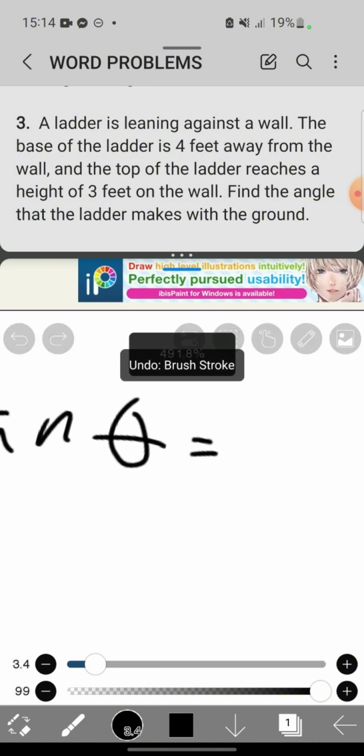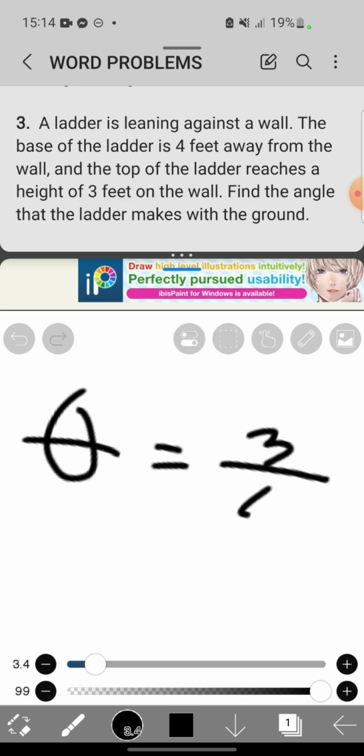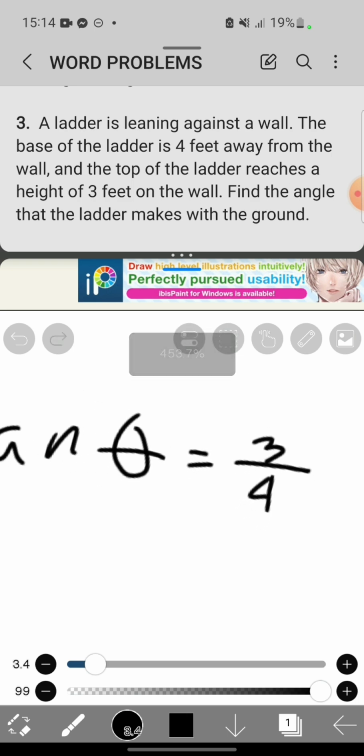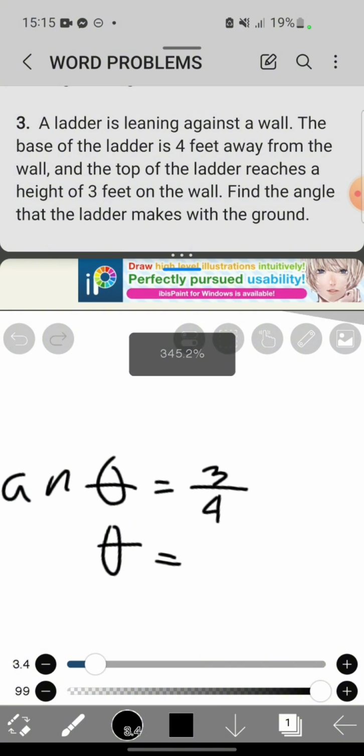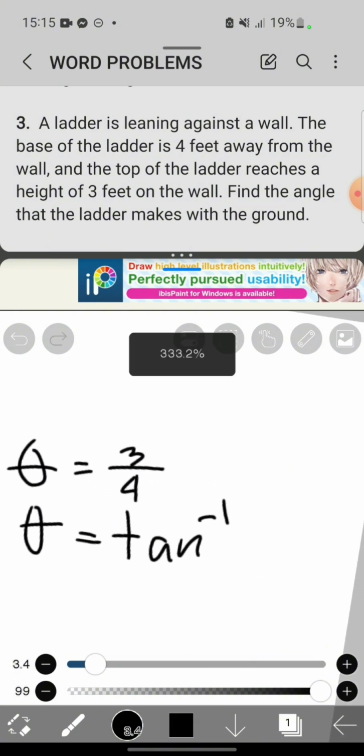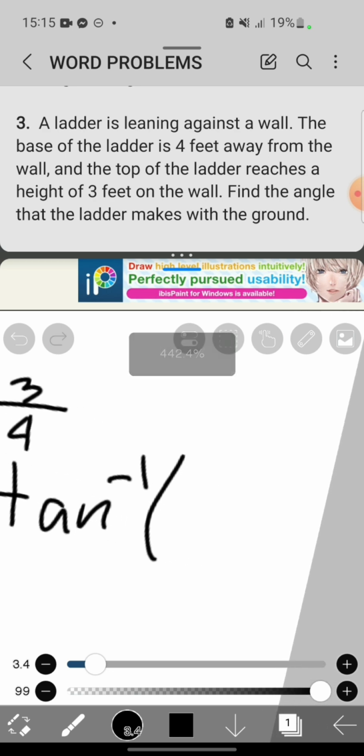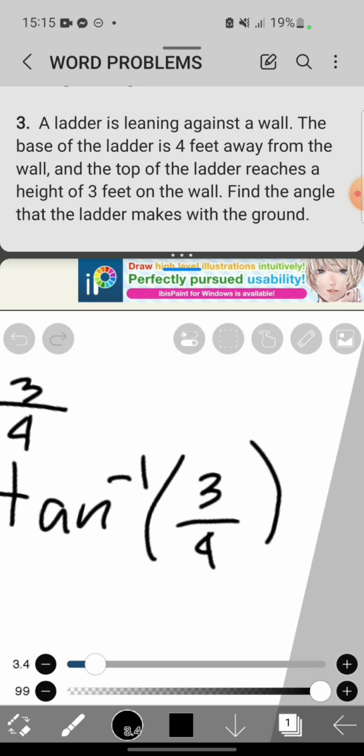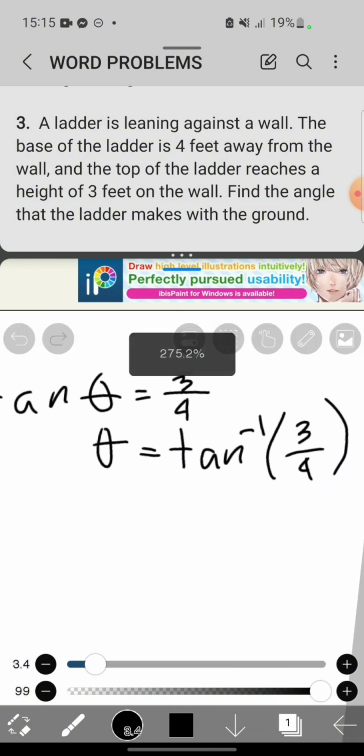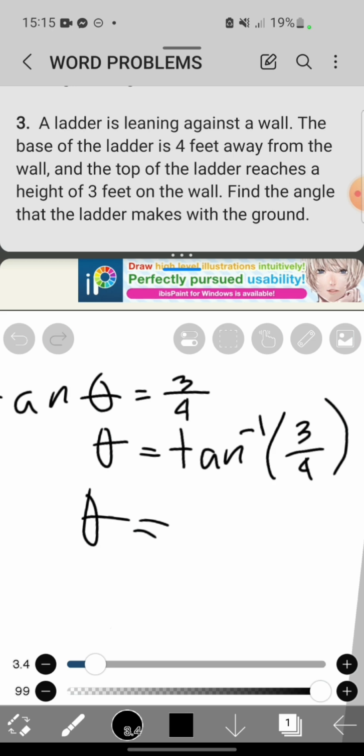Right, so 3 over 4, and theta is equivalent to arctan of 3 over 4.